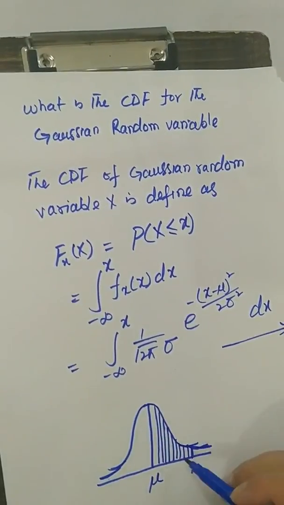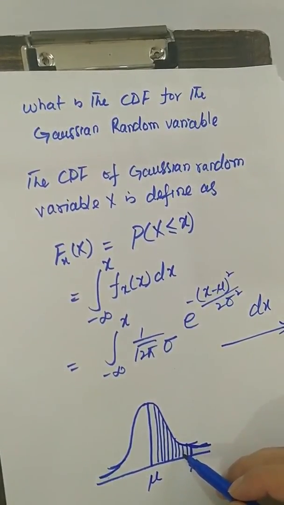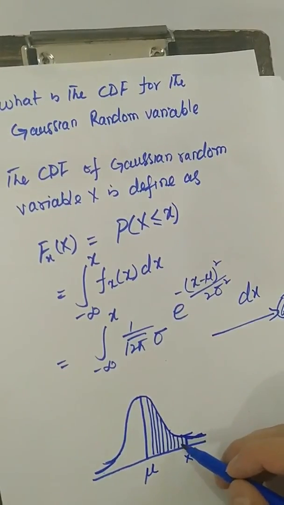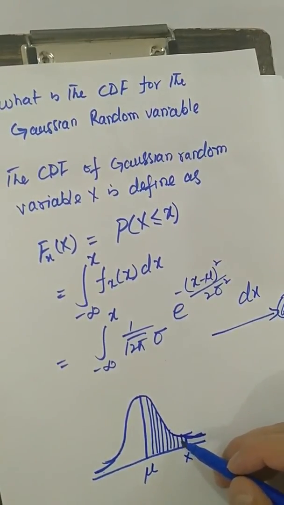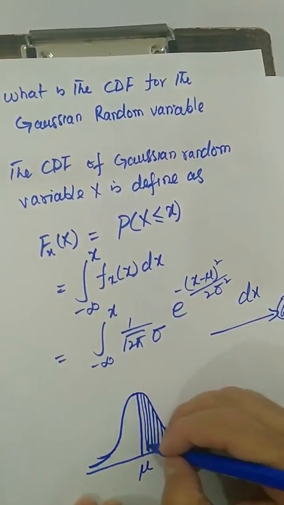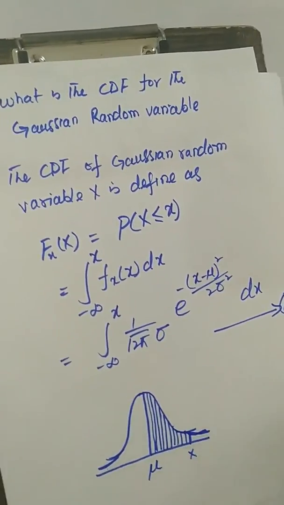Then adding these rectangles, I will get the area under this curve. So by adding these small rectangles, we will get the area under the curve.